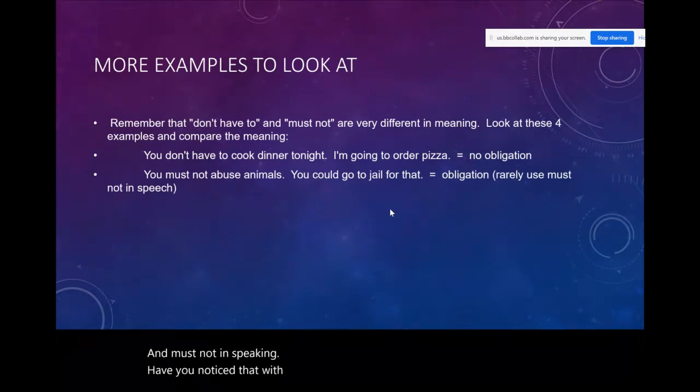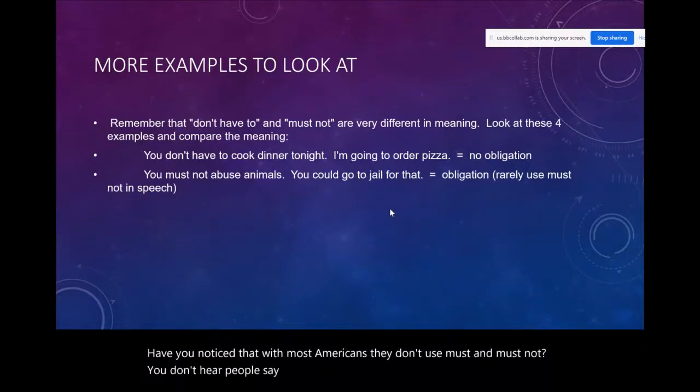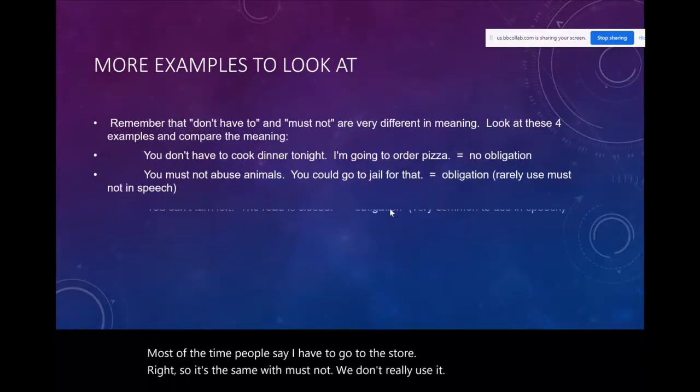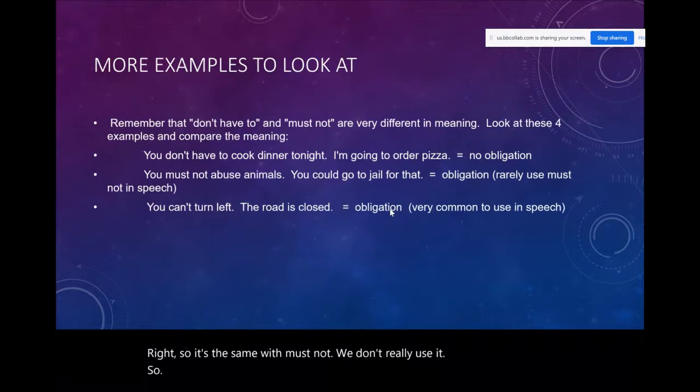They don't use must and must not. Like you don't hear people say, "Oh, I must go to the store today." Most of the time people say, "I have to go to the store." So it's the same with must not. We don't really use it. So what we do use is can't.